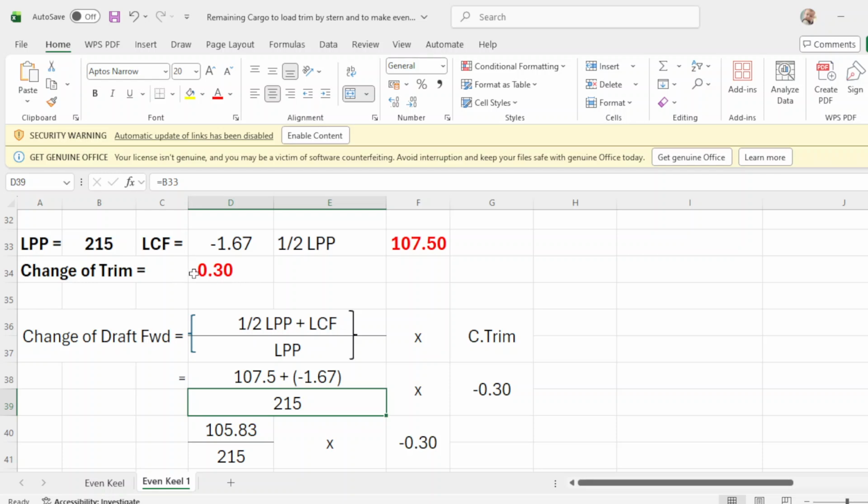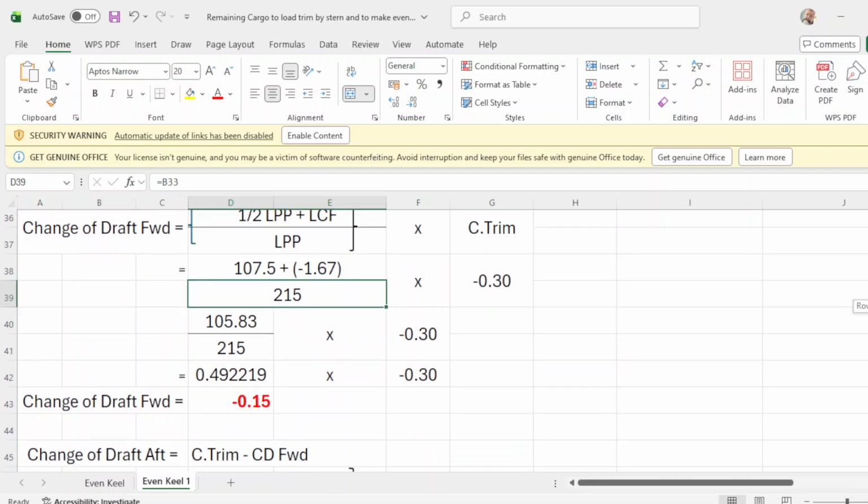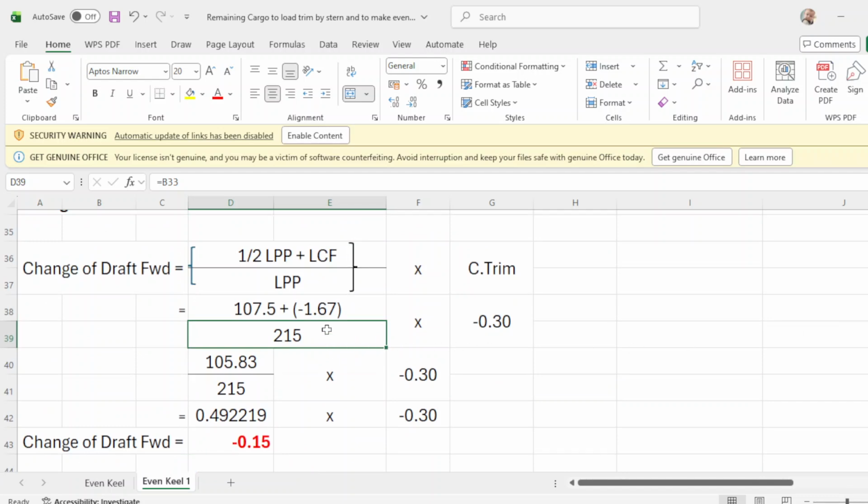Change of trim is negative 30. Okay. Scroll down. You add this together, that will be 105.83. Then you divide it by your LPP, that will be 0.49219, times your change of trim, and your change of drop will be 0.15.